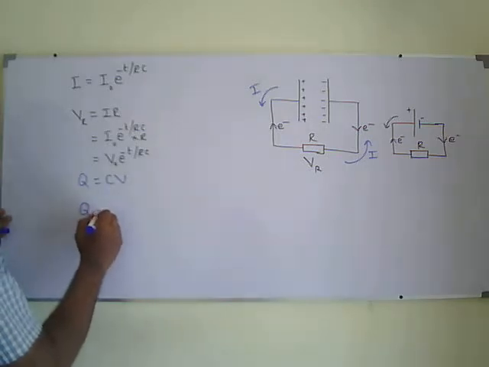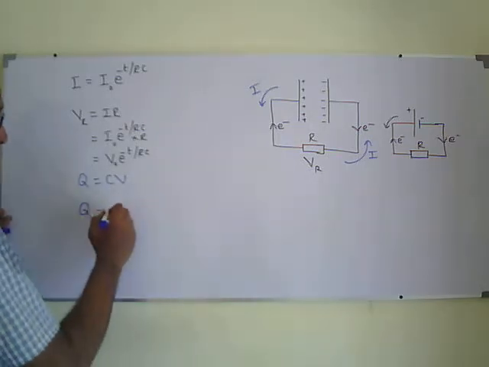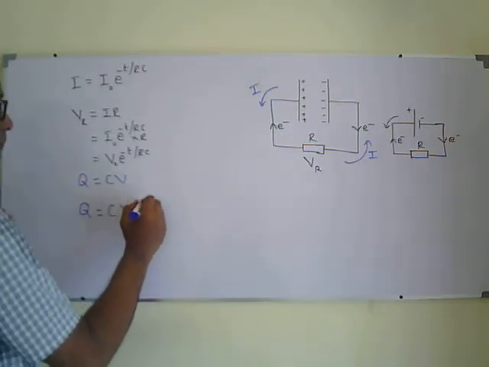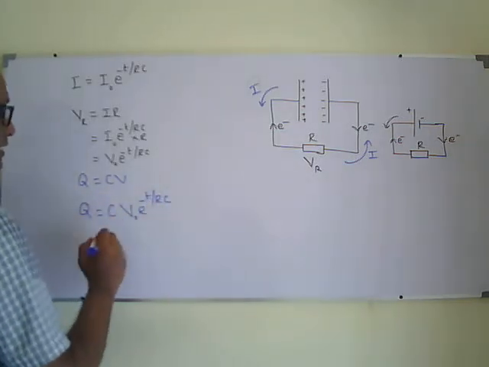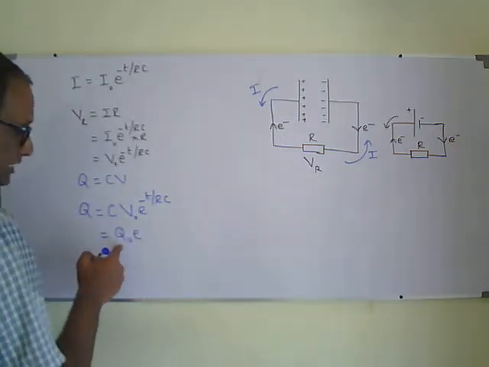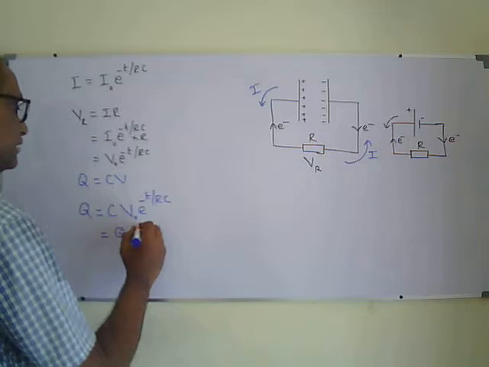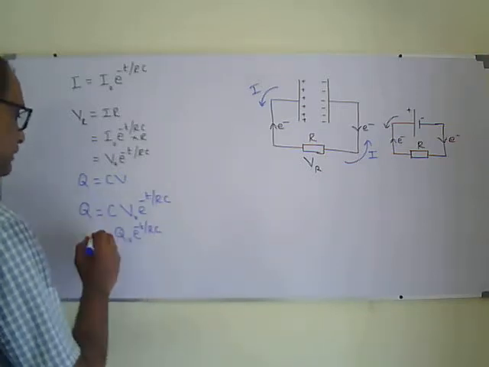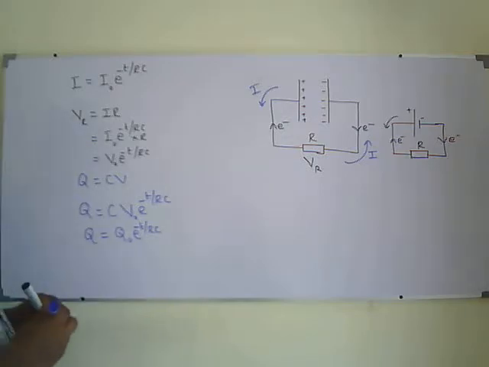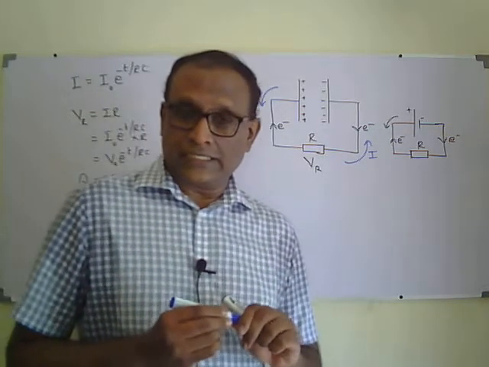So the charge of the capacitor is given by Q equals C times, instead of V I can write V naught e to the power minus t over RC. C times V naught is Q naught, so Q equals Q naught e to the power minus t over RC. That means the charge stored in the capacitor also will decrease exponentially.